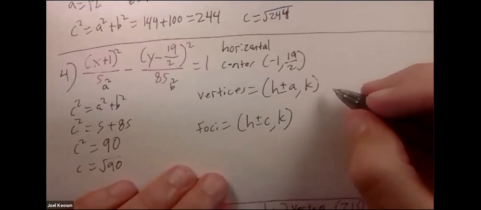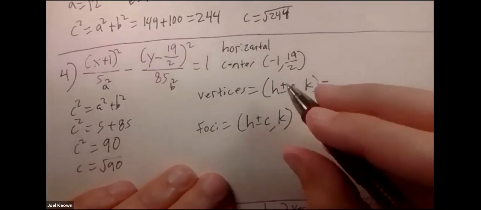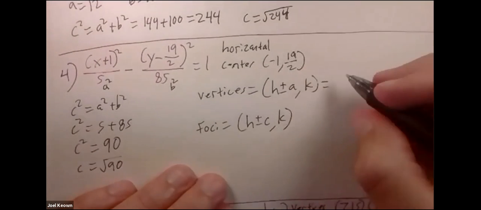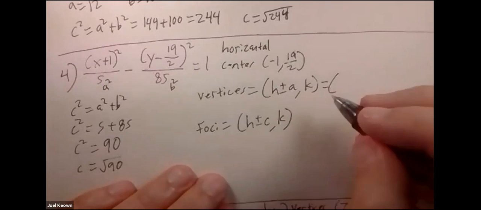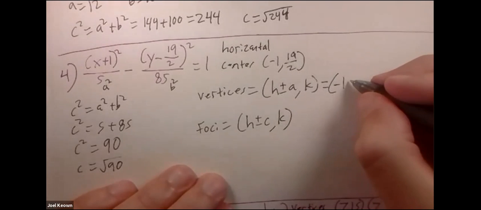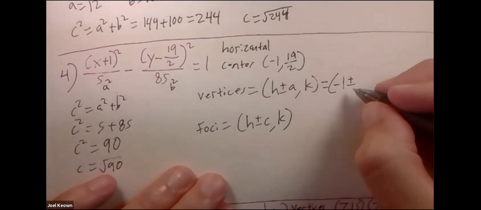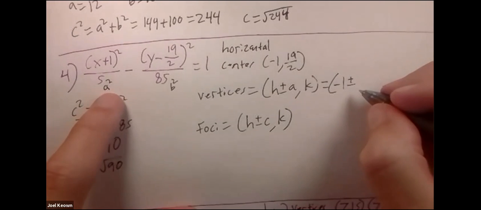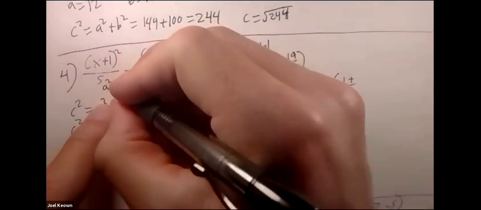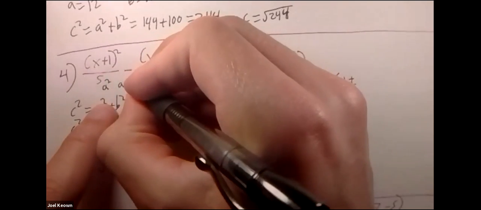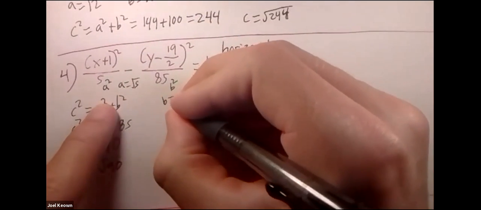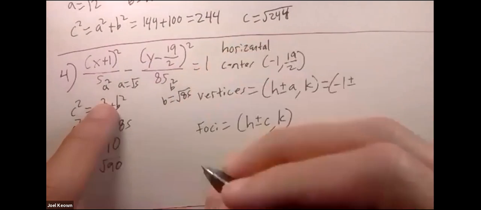Let's plug our values in here. h is negative 1. I'm actually going to write these out. So I have negative 1 plus or minus my a. Well, if a squared is 5, a has to be the square root of 5. b has to be the square root of 85.